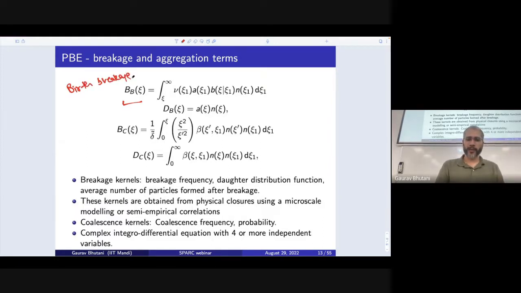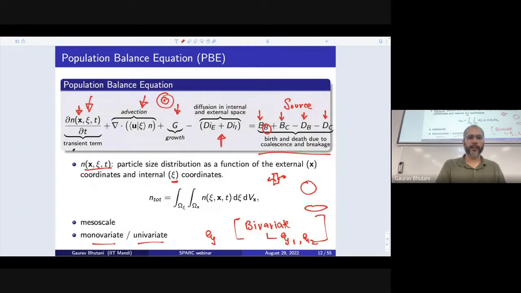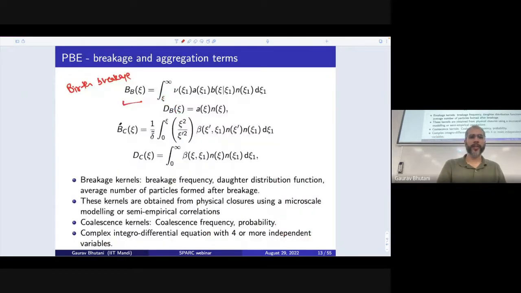So what that means is, if I go back to my previous slide, we're talking about how the evolution of n as a function of xi, x and t is happening. So what we are saying is, what is the contribution due to breakage for particles of a given size xi? The way particles of size xi can form from breakage is if a bigger particle breaks into a smaller particle of size xi.